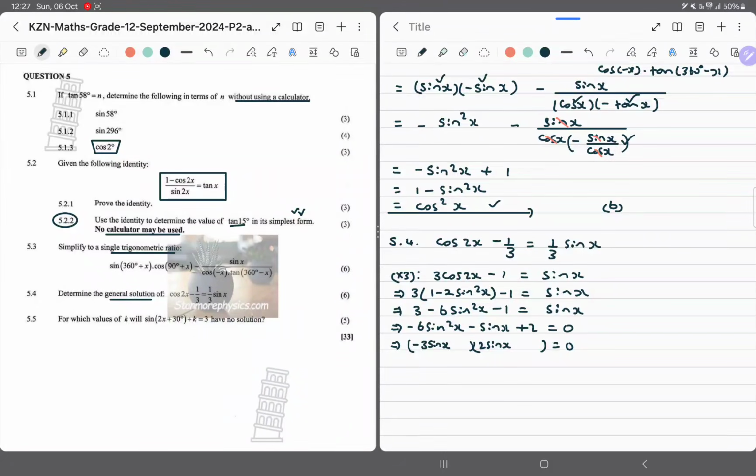Oh my goodness, I did not have a 5 here. This is just sine x. Oh my lord, now I'm losing my mind. Okay, so that's fine. Then it means what we need to do, we need to do it like this. 3 times 1. So this must be plus 1. So this is minus 3.